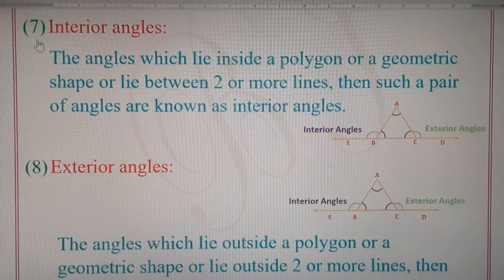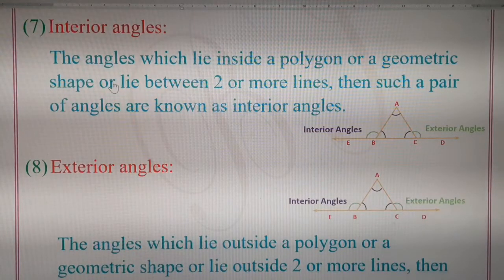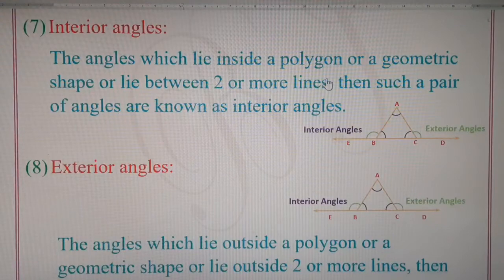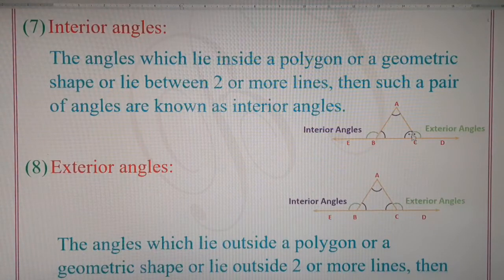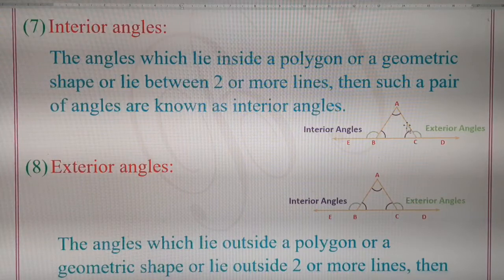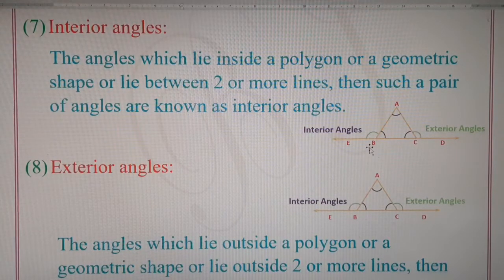Number 7, interior angles. The angles which lie inside a polygon or inside a geometric shape, or lie between two or more lines, such a pair of angles are known as interior angles. So here for this triangle ABC, angle A and angle ABC and angle ACB are said to be the interior angles.